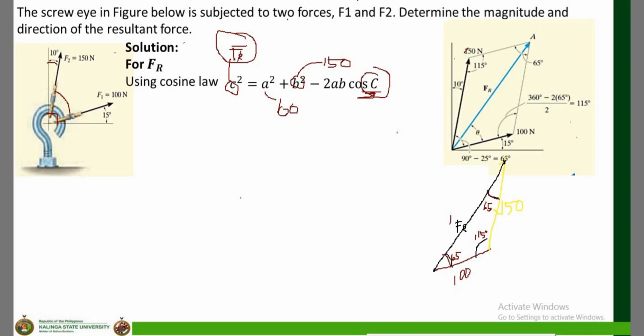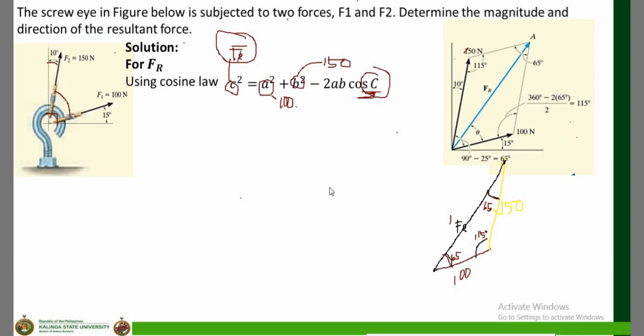If my side C is FR, what is the opposite angle of FR? It is 115. So, direct substitution.